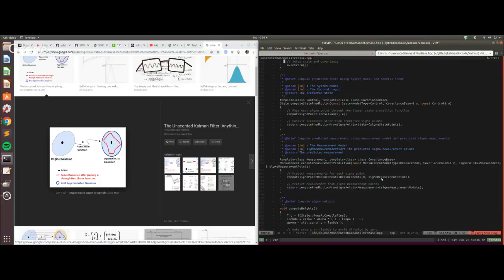For the sigma measurement points, if you're only able to measure 2, you'll have 2 times L plus 1, that's 5 columns, times 2 rows per column. So then you'd have a 2x5 matrix representing your sigma measurement points. So I hope this is clear. Ask in Slack if it's not.